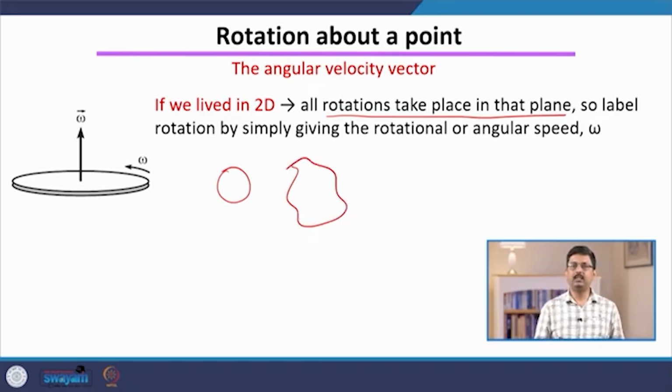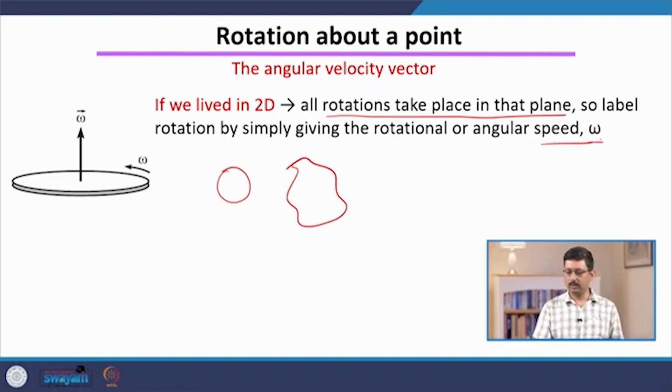Then the axis of rotation is always perpendicular to the plane. Hence, you can describe the rotation just by its magnitude, the speed. The direction of the rotation is always fixed, always perpendicular to that plane. There is no other possible choice.